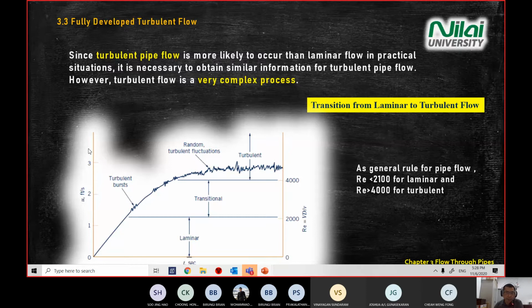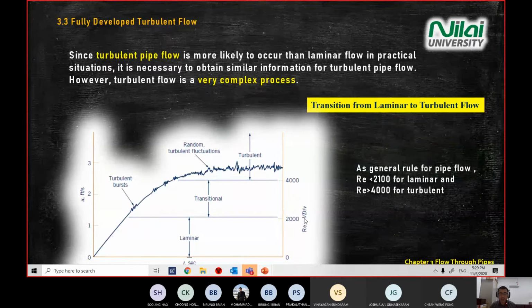Again, if you plot a graph, as you see from the diagram above question 24, this diagram has 3 axes. On the left is U along the x-axis inside the tube. Below is time, and on the right-hand side is the Reynolds number.